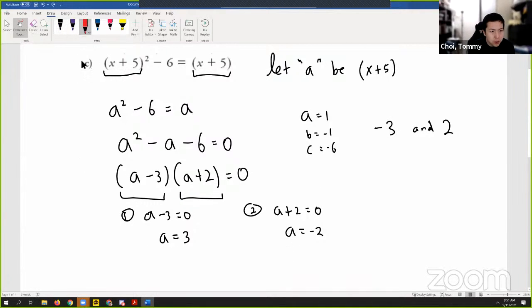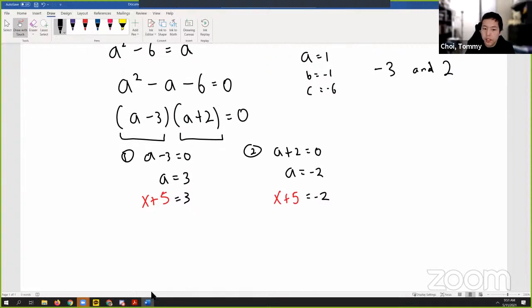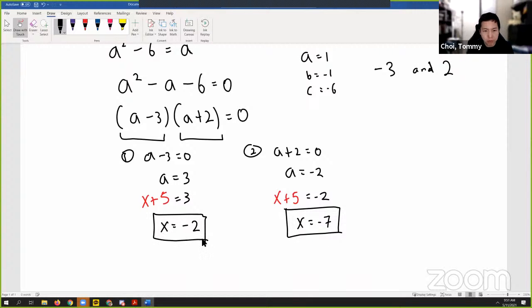So this is now going to become x plus 5 is equal to 3. And on the second one, it'll be x plus 5 is equal to negative 2. Then you finish solving it, and you should get your two answers. X equals negative 2 and x equals negative 7. And those are the same two answers we got before.